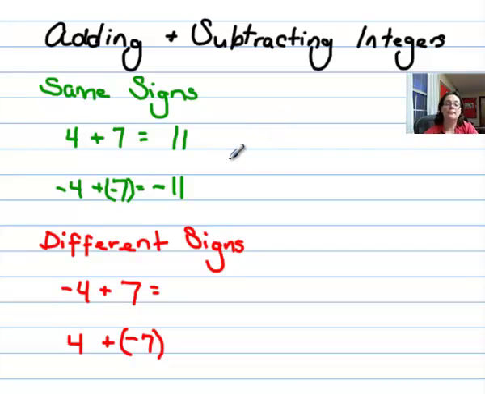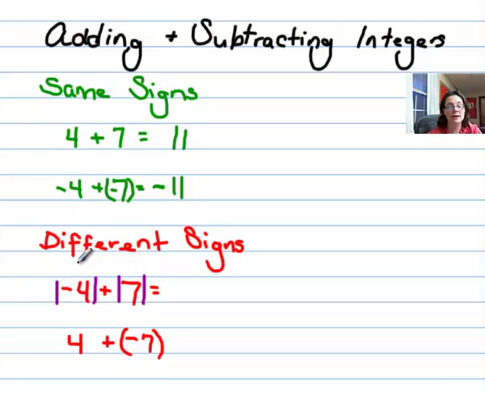We could do problems also with different signs. It's just a little bit harder. So if we look at this one, I've got -4 and +7. In order to do this kind of problem, I need to think about absolute values. I'm going to put both of them in absolute value notation.